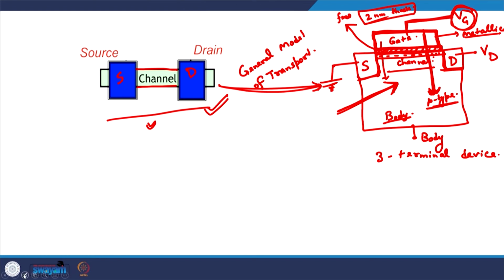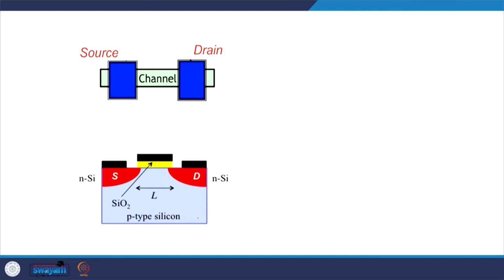Okay. So, this is how a MOSFET is generally drawn. This is a typical picture of a MOSFET. We might have a p-type semiconductor as the body of the MOSFET, and with the p-type body, the source and the drain terminals are heavily doped n-type silicon, and between the source and the drain, this region is the channel region.